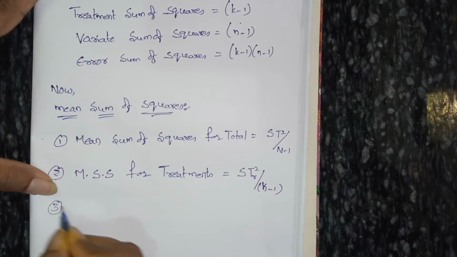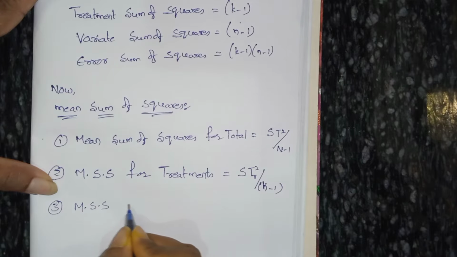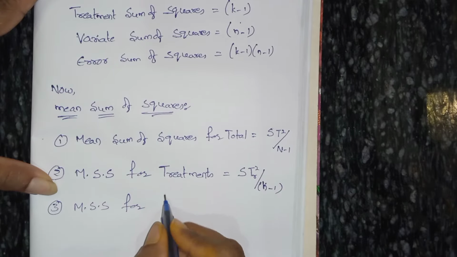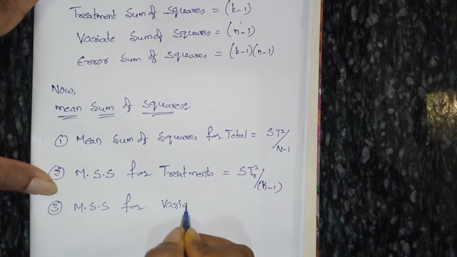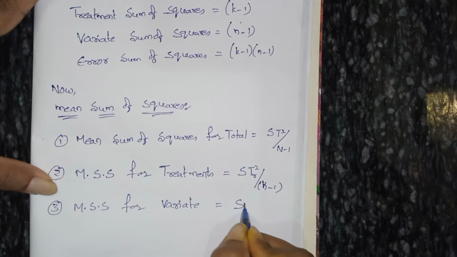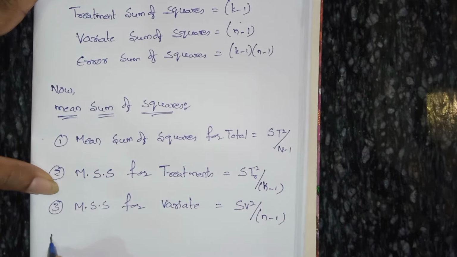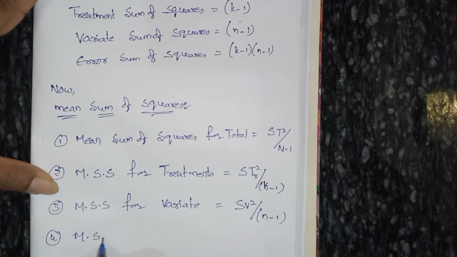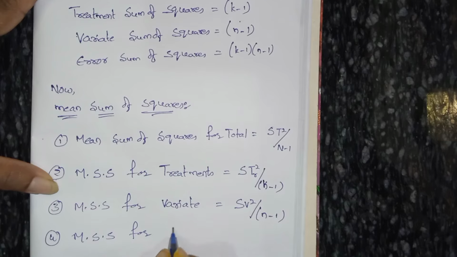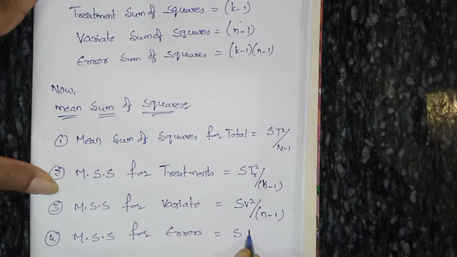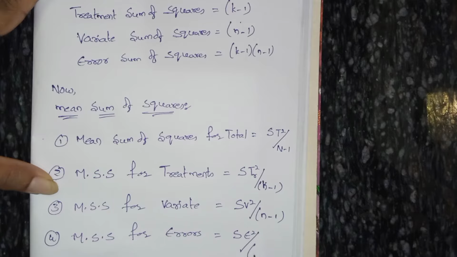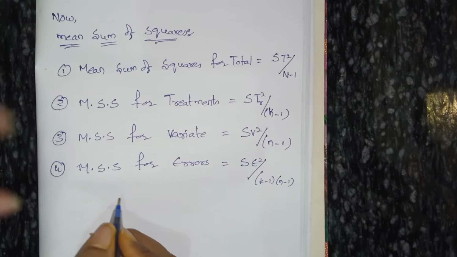So next, mean sum of squares for variate or else variables equals SV squared by small n minus 1. Next, mean sum of squares for errors equals SE squared by K minus 1 into small n minus 1. Okay, this is about mean sum of squares.